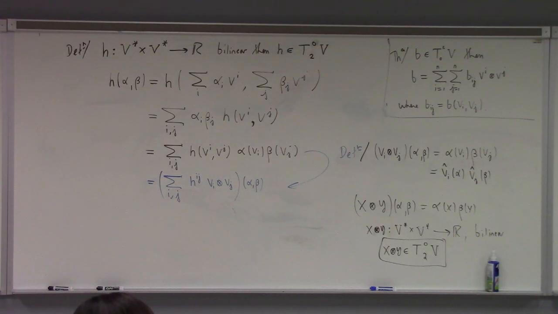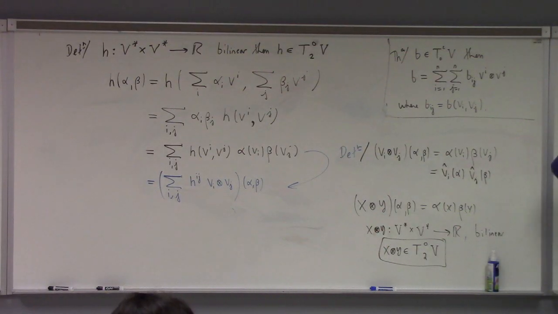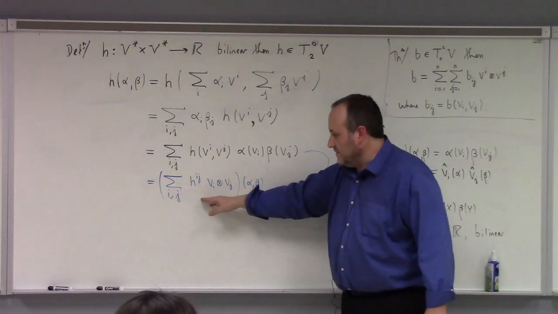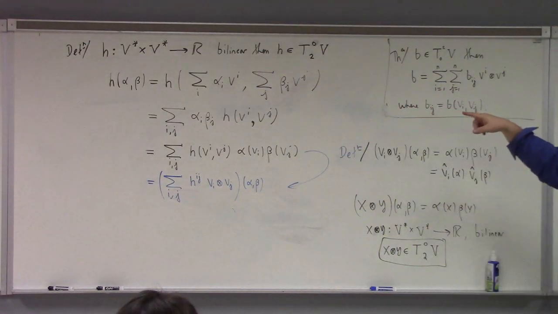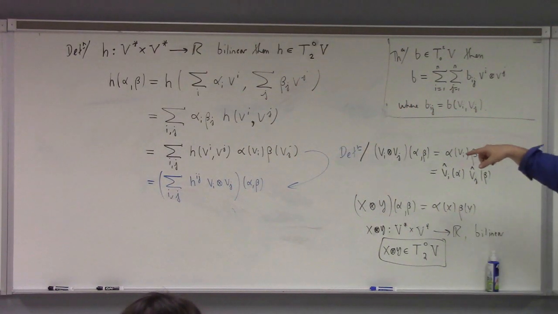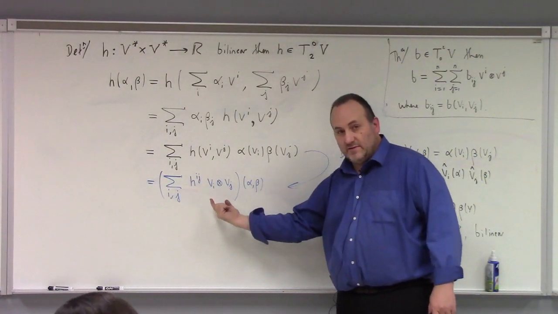It would be very similar to the proof I started class with today. We could prove that the tensor product of two vectors naturally defines a bilinear map on the dual space. And you see that there's a basis for the set of bilinear maps on the dual space, namely just v_i tensor v_j. You can prove that the set of all these is linearly independent.